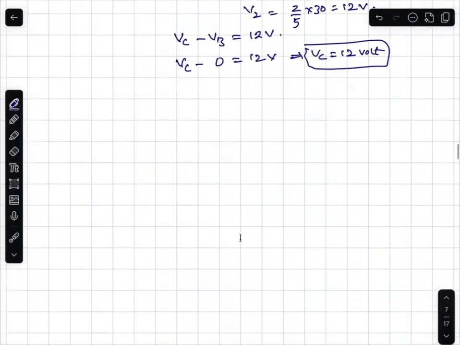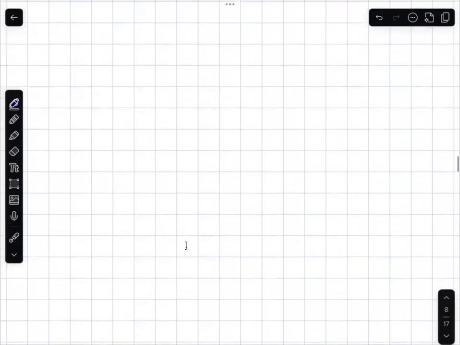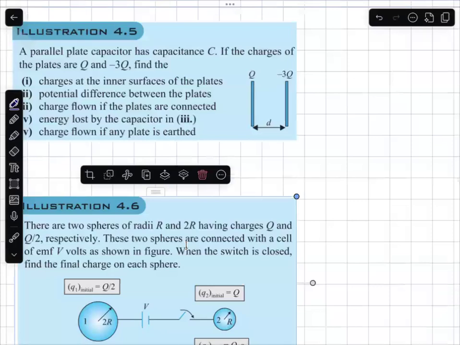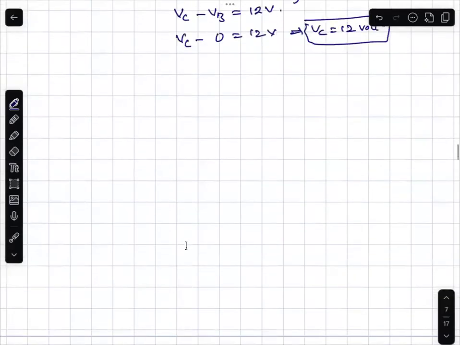Now, the next part of my discussion will go like this. Now, you take an arrangement like this.